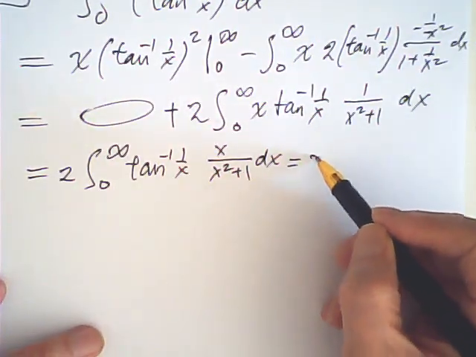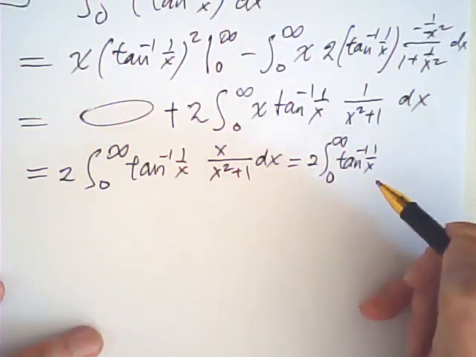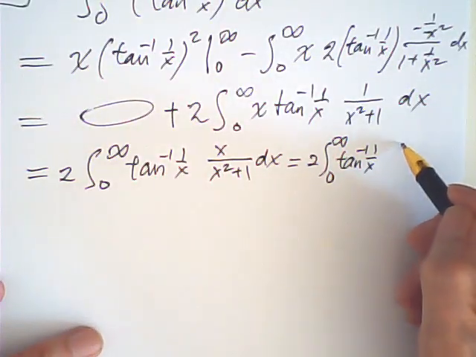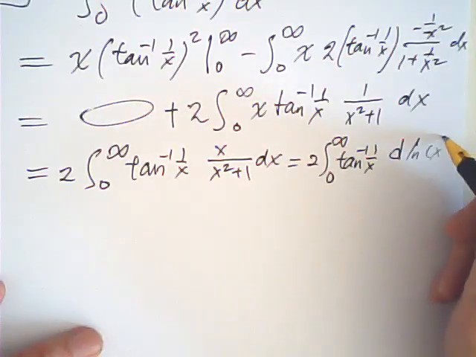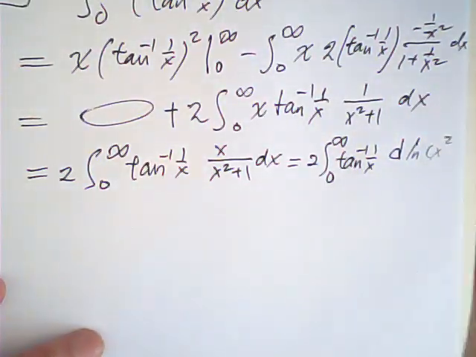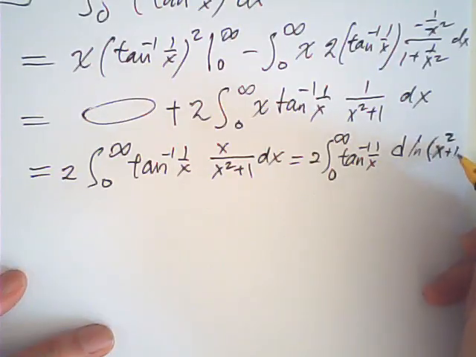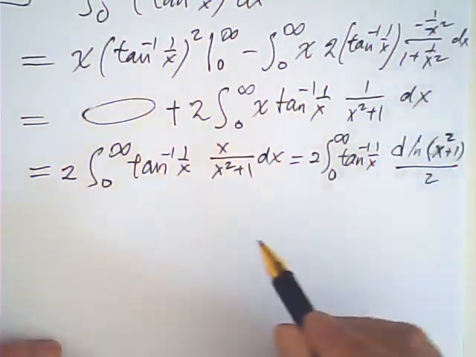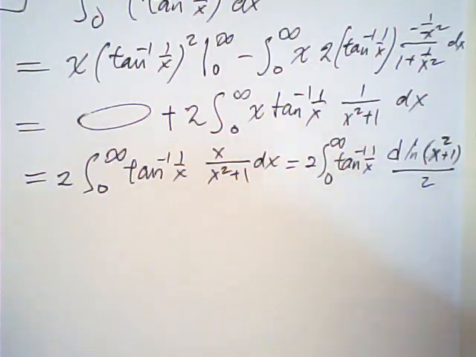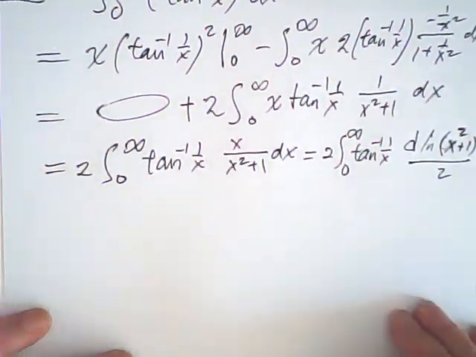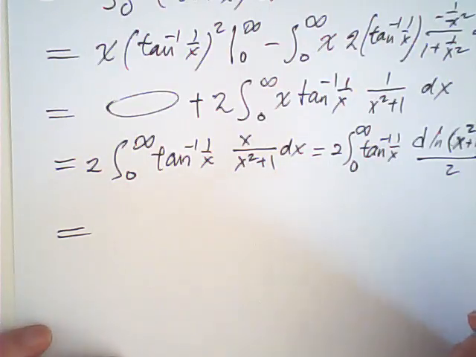That one could be written as arctangent 1 over x times d of log of x squared plus 1 divided by 2, right? Because this is x only, the chain rule gives 2x. All right, now the 2 cancels out.